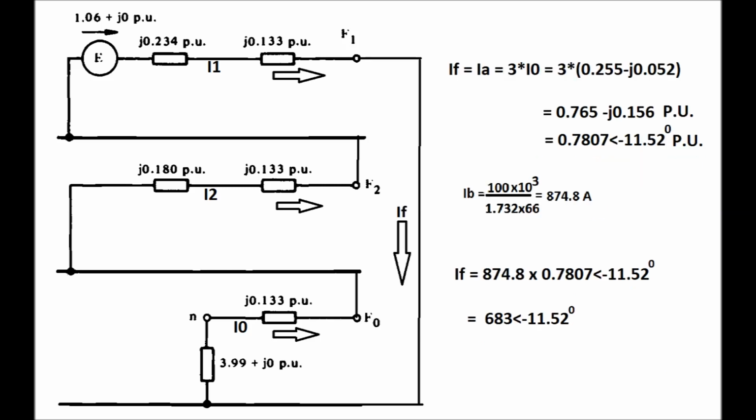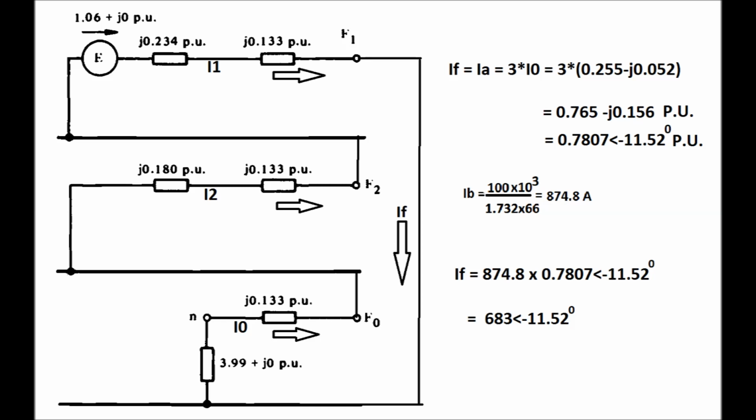Now the base current is equal to the MVA base divided by root 3 into the voltage base. The voltage base is 66 kV and the base current comes as 100 into 10 to the power 3 divided by 1.732 into 66, which comes as 874.8 ampere. So the value of the fault current in actual quantity comes as the base current into the per unit quantity of the fault current.